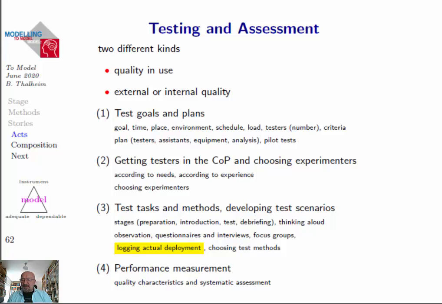Then we can test the tasks and the methods, developing test scenarios, and finally we have some kind of performance measurement. That is a systematical testing that people in natural sciences, see for instance in chemistry, are using properly for assessing the quality. We can use it in the same way, and we will do it in chapter 15.